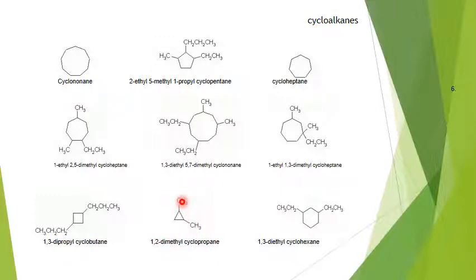So it'll be 1,2-dimethylcyclopropane. And finally, it's cyclohexane with a diethyl coming off. Ethyls coming off of number 1, and you can pick either one as number 1. So I'll say this number 1, 2, 3. So 1,3-diethylcyclohexane.